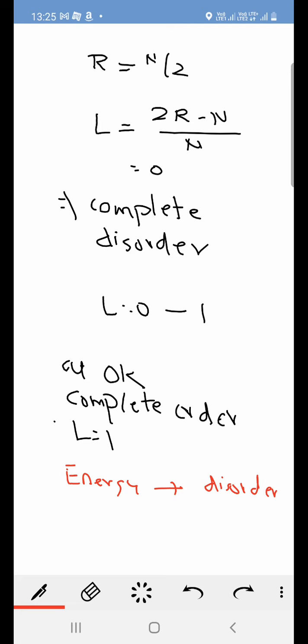Now in this case, if we interchange the right and the wrong atoms, that means we take the right atoms to the wrong side and the wrong atom to the right side, then the change in wrong atom is equal to minus the change in the right atom, and it should be equal to 2.